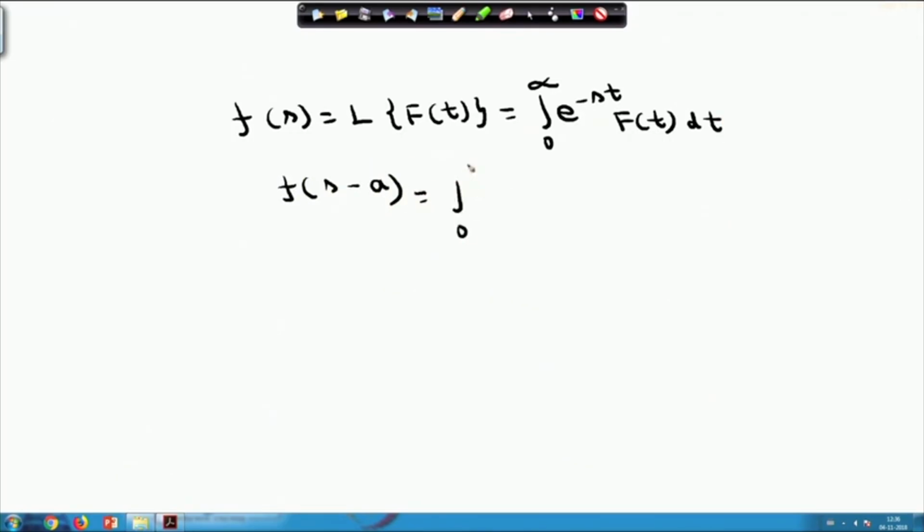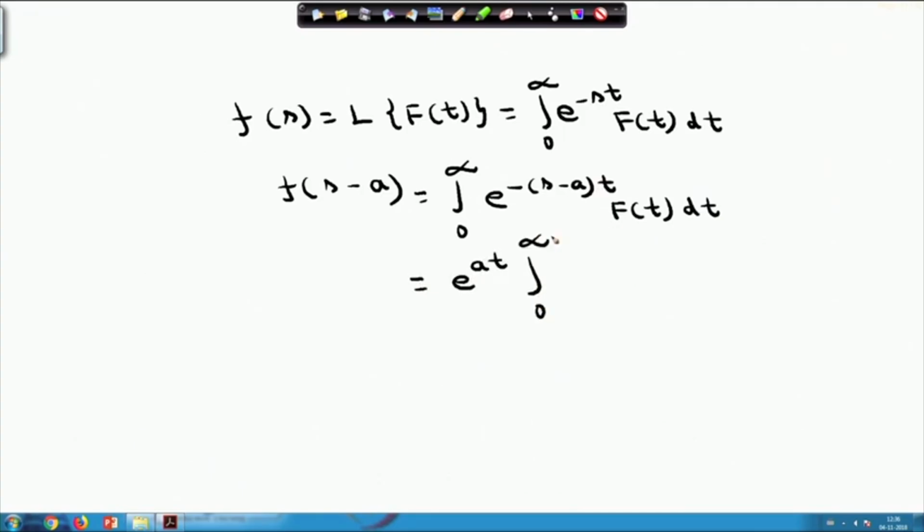So, from here I can write the integral from 0 to infinity, where I am now replacing s by s - a, so e^(-(s - a)t) f(t) dt. This remains as it is over here. Now, I can break it into two parts, e^(at) and e^(-st), and e^(at) I can bring outside the integral.